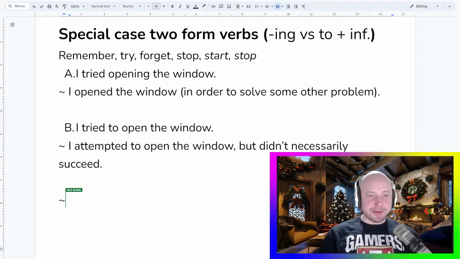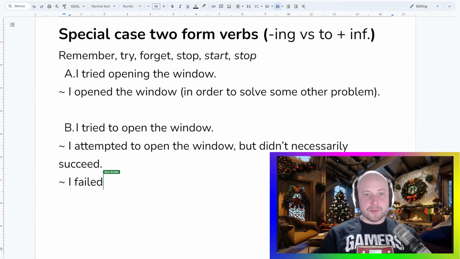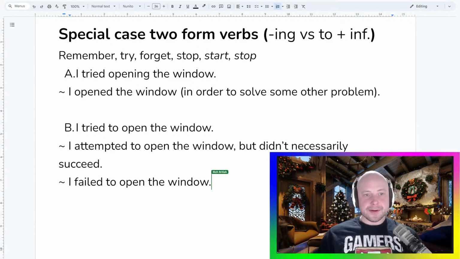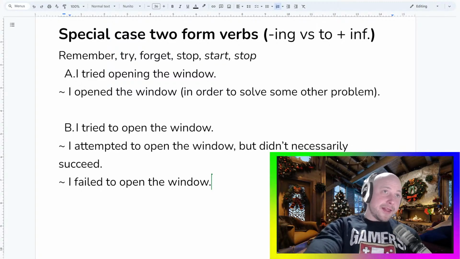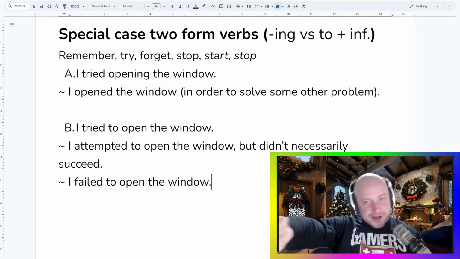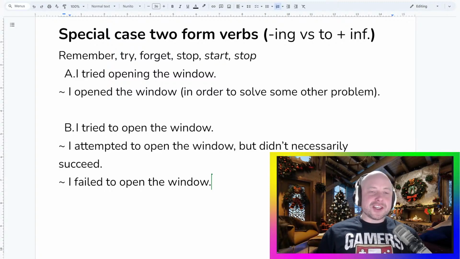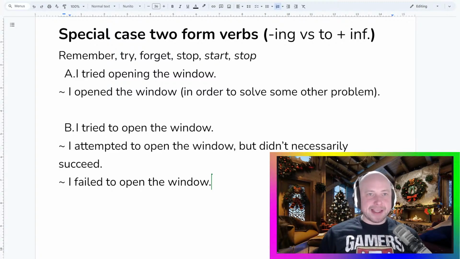So this could actually mean I failed to open the window. It's not necessarily the case that I tried to open the window and then finally opened it. I mean, it's possible, but it indicates that you didn't succeed. So it indicates failure.